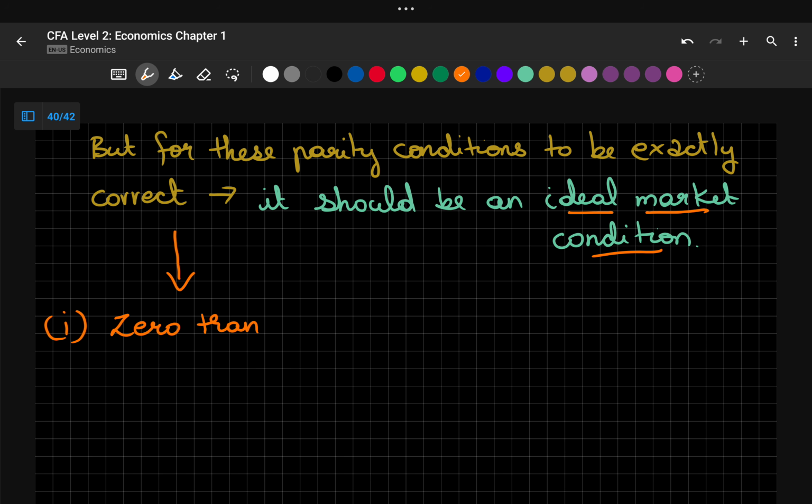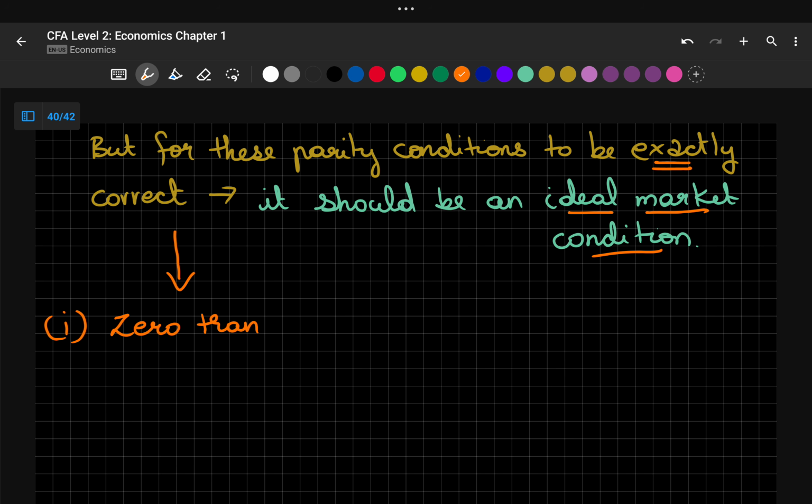If the transaction cost for one currency is different from the other currency, then there would be differences in the value that we derive, and the answer won't be exactly correct.